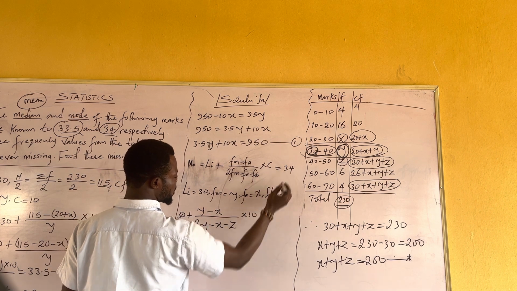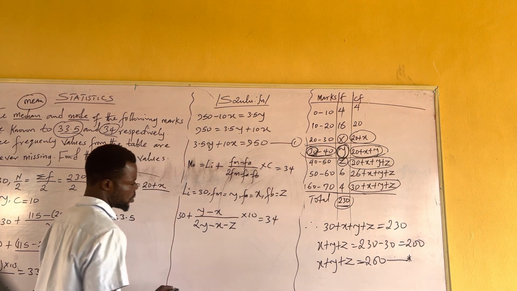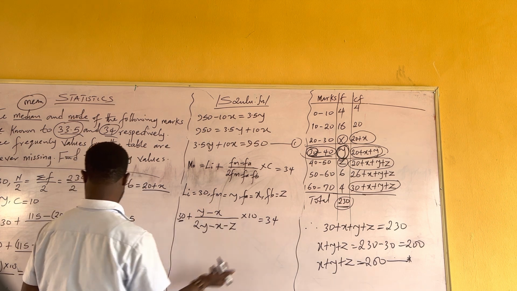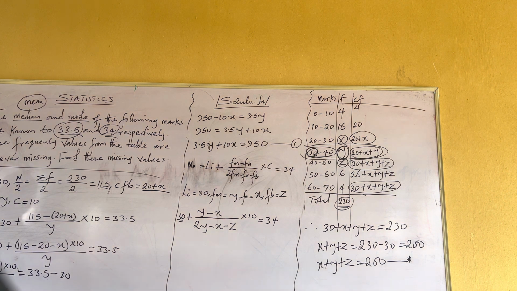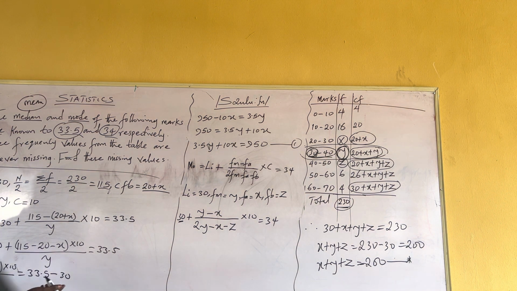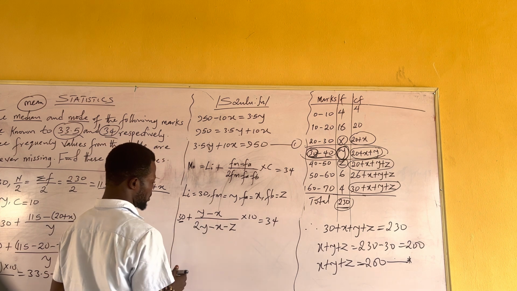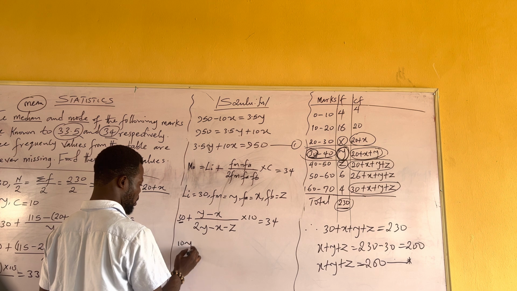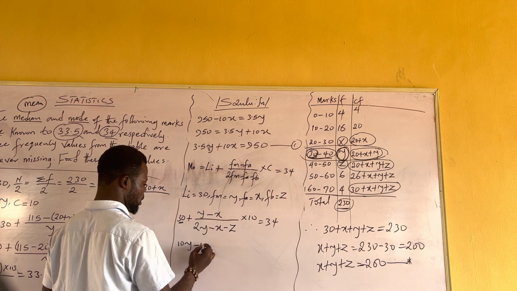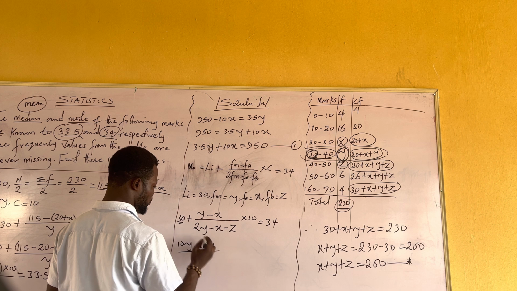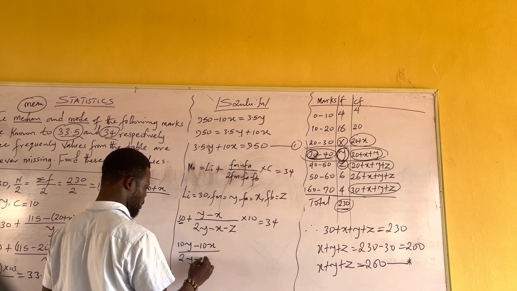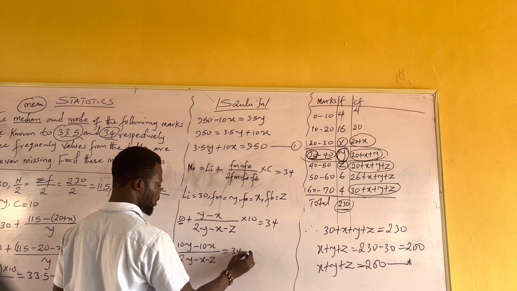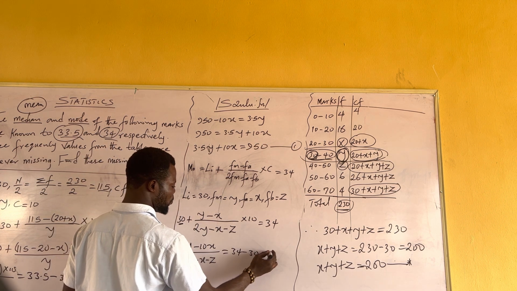Then we equate it to 34. Just the way we did before, we move this to this side. So we have 10y minus 10x, all over 2y minus x minus z, equal to 34 minus 30, and the answer will be 4.